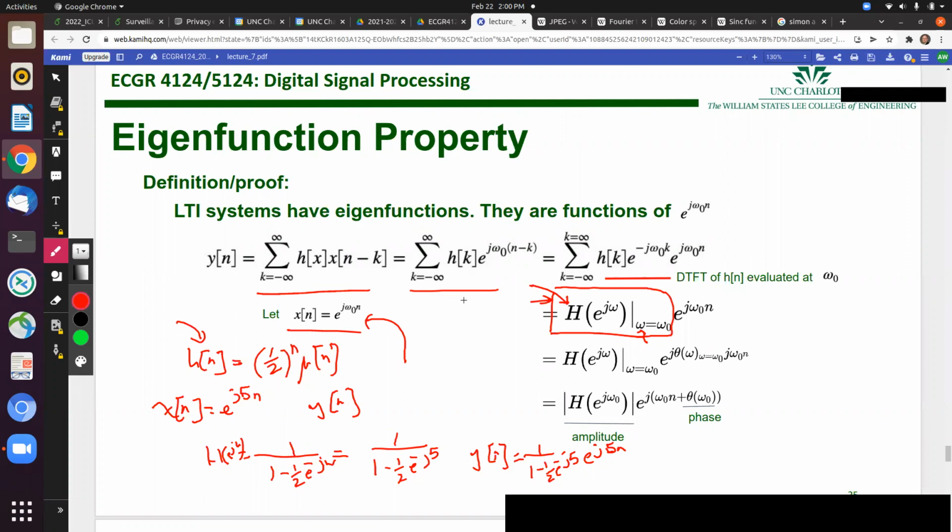So I'm a little confused when you just wrote y of n. I thought when you write y of n, it's a convolution and not a multiplication. But this is for eigenfunctions. The eigenfunction property is a special case where we actually know what the output will be.